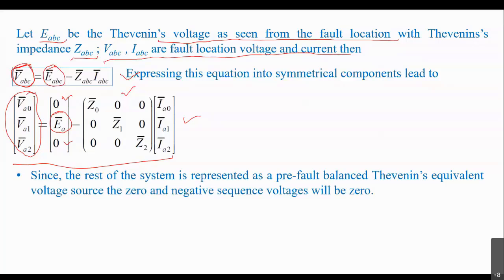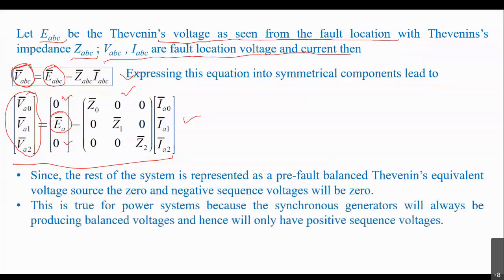Since the rest of the system is represented as a pre-fault balanced Thevenin's equivalent voltage source, the zero and negative sequence voltages will be zero. Already we discussed this. This is true for power systems because the synchronous generators will always be producing balanced voltages and hence will only have positive sequence voltages.